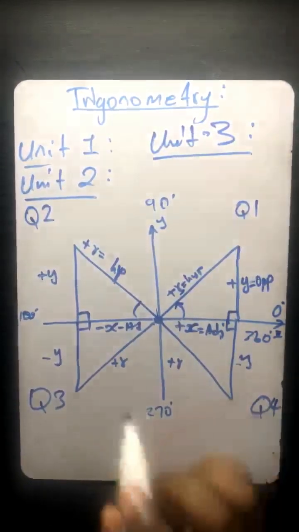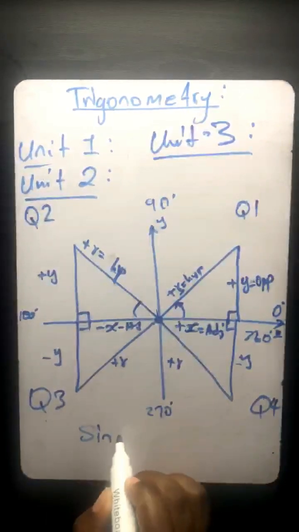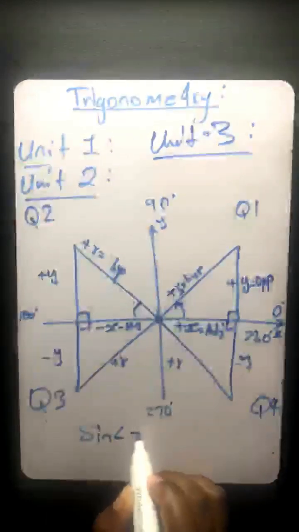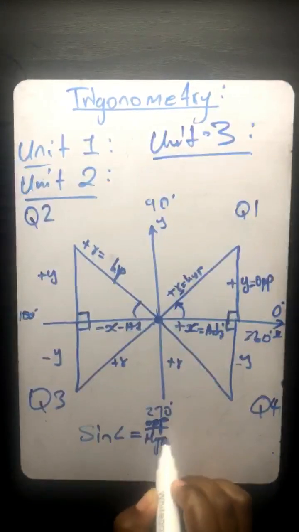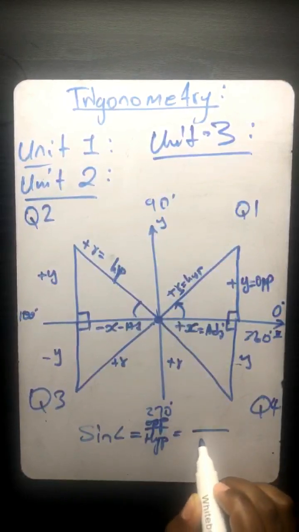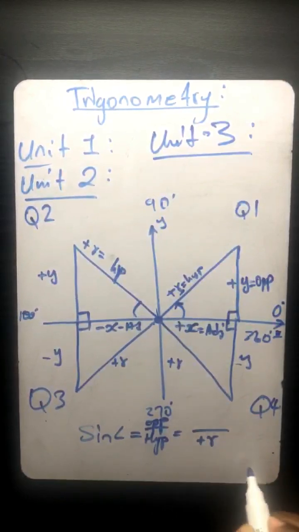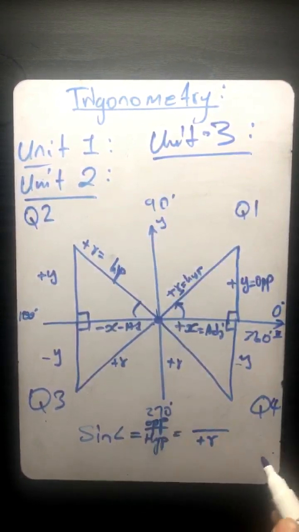So you will realize that when we talk about sine, of which we know that sine of the angle equals what? Opposite over hypotenuse. Already you know that your hypotenuse is going to be that positive r. But when it comes to the opposite, you ask yourself this question: in which quadrant is the right-angled triangle drawn?